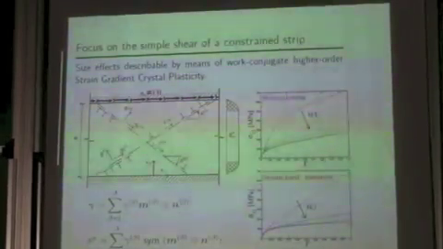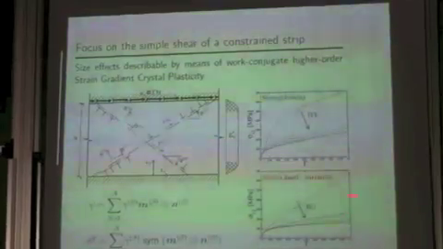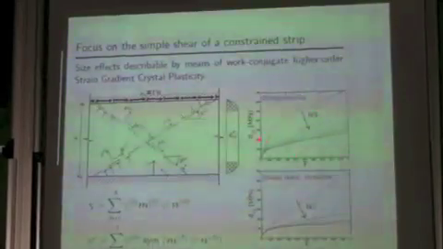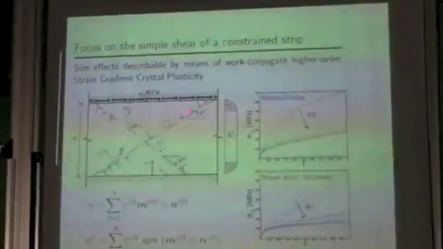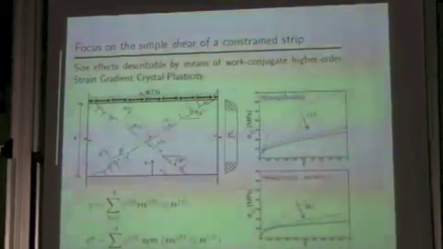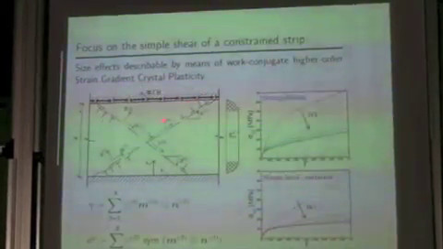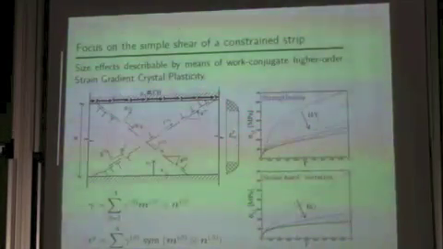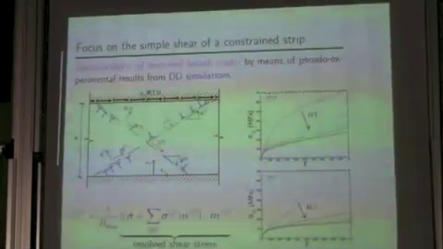So you go down in size and you see a variation in the slope of the strain hardening curve. And the main effect is due to the pile-up of dislocations on the grain boundaries, on the strip boundary, when you apply this shear, where the plastic strain has to go to zero because there the dislocations just stop.